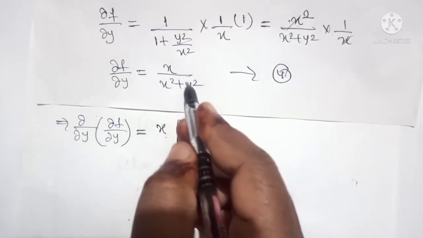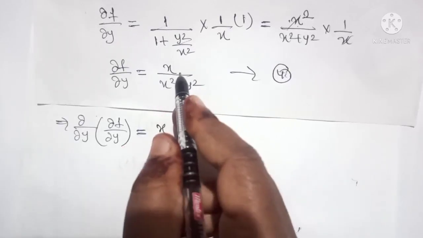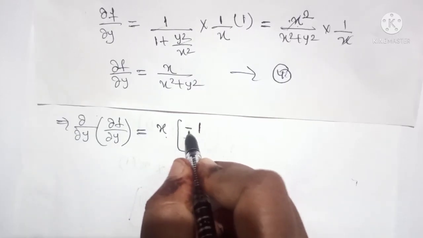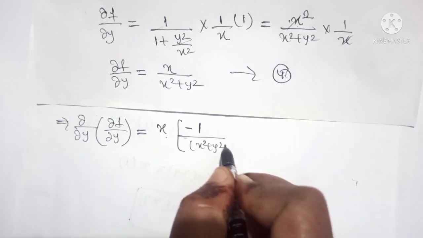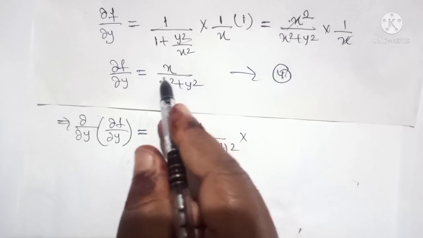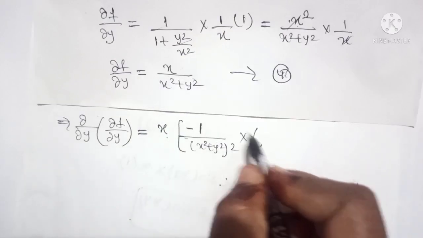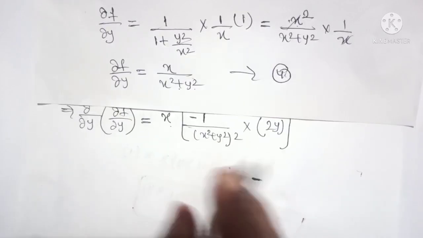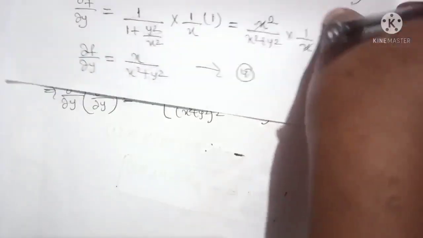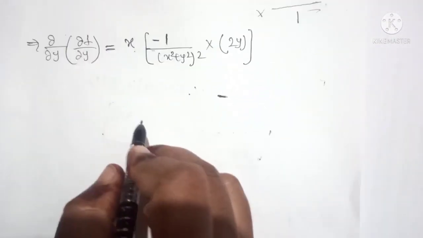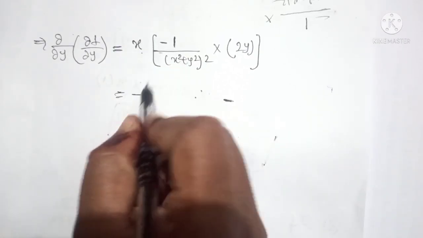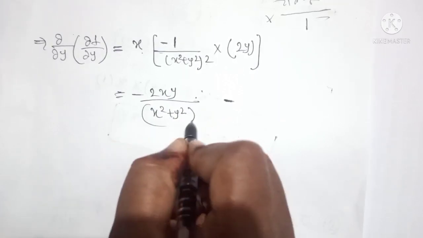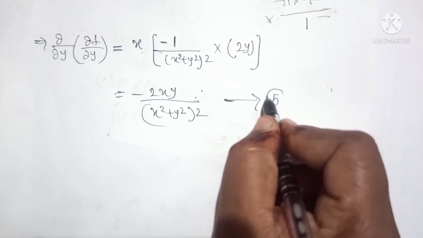Differentiation of this function, we again have the 1 by x form, so its differentiation is minus 1 by (x square plus y square) whole square into the differentiation of this term, that is x square differentiation 0, y square differentiation is 2y. So simplifying we get minus 2xy divided by (x square plus y square) whole square. Consider this as equation 5.